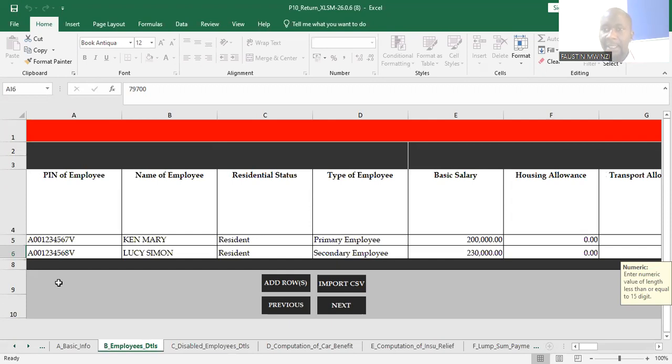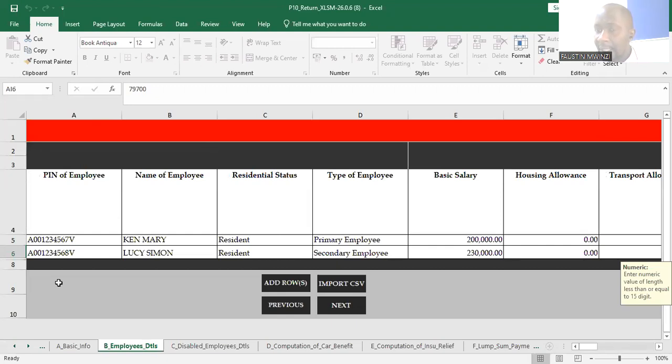If you have 4, we can add 2 more rows. If you have 5, we can add 3 more. Tell me if you have 20, if you have 100 employees, if you have like KRA with over 6,000 employees, you keep on adding rows and entering details manually for your 6,000 employees.